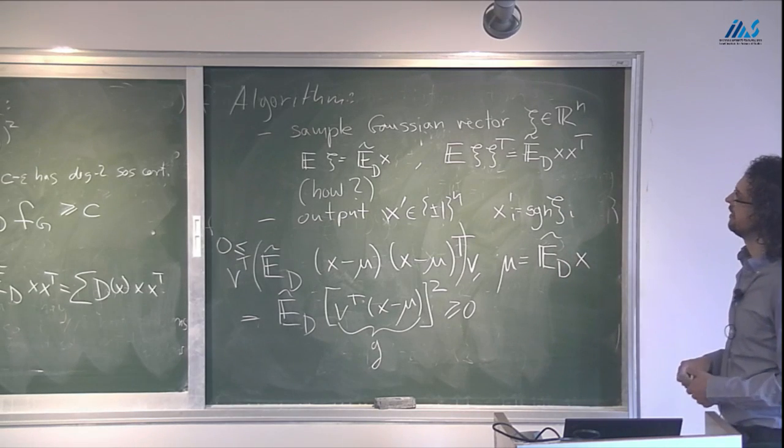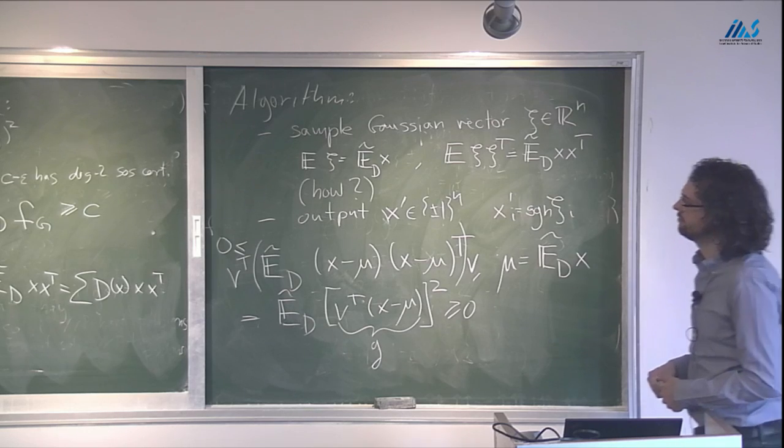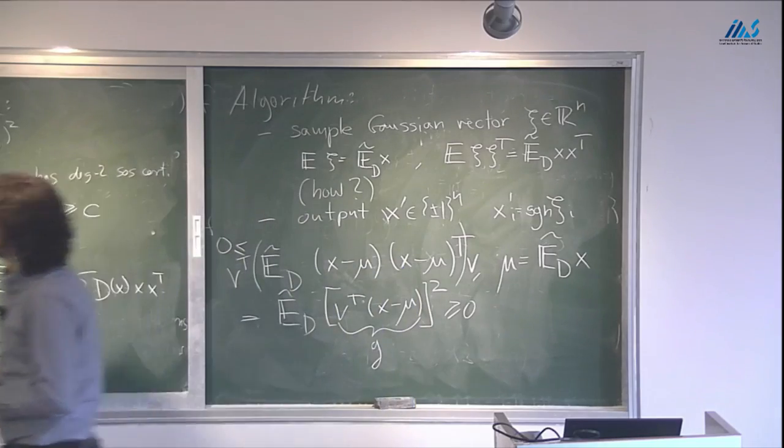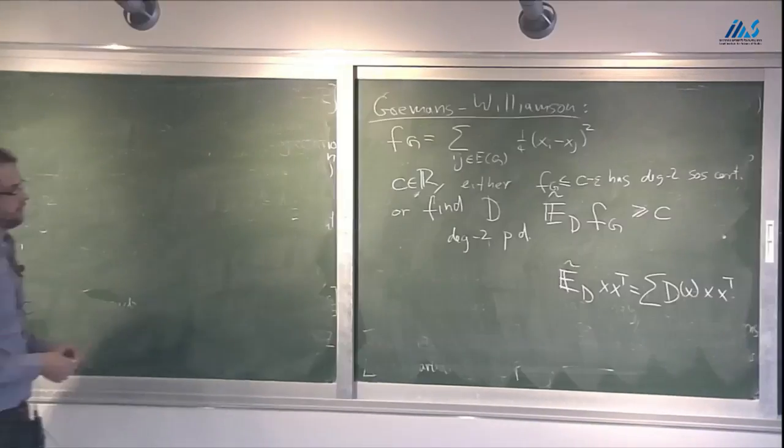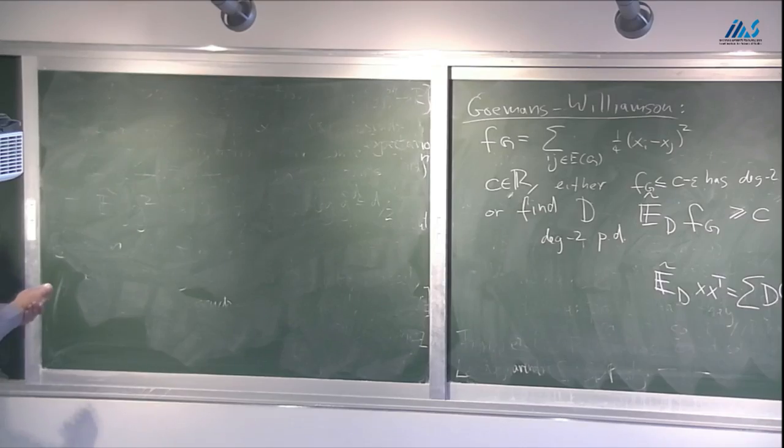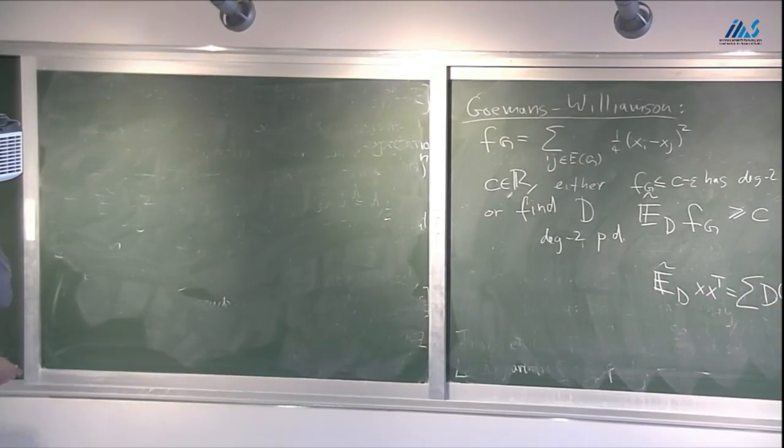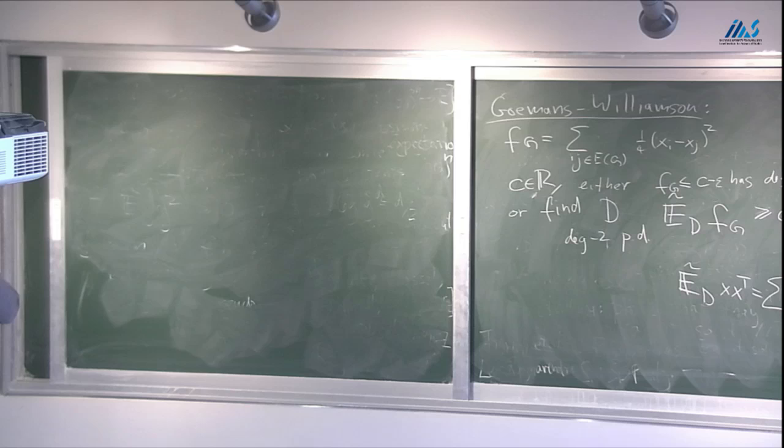That's 10 more minutes. So the algorithm is find D and then run the subroutine on the right. Yes. And then we saw that you can run these steps in polynomial time. And now you have to see what the guarantees are.